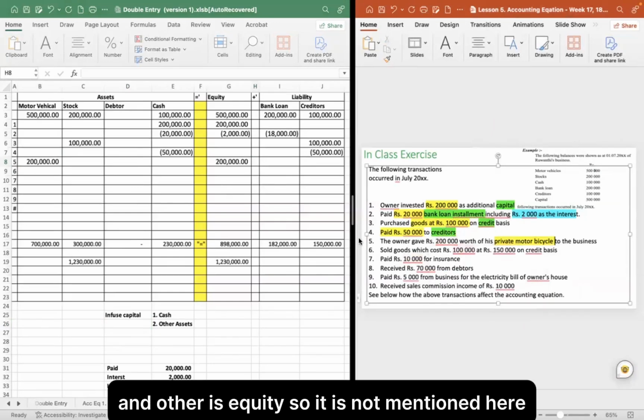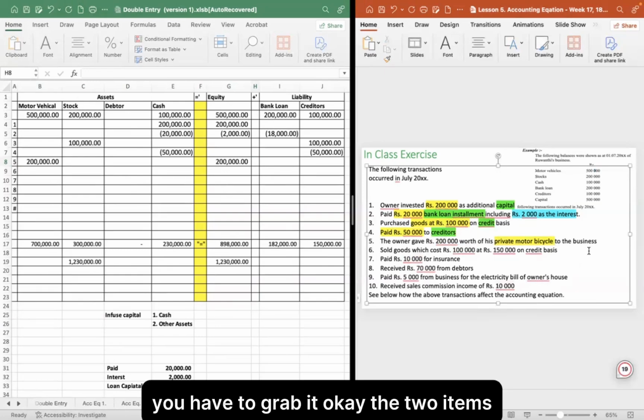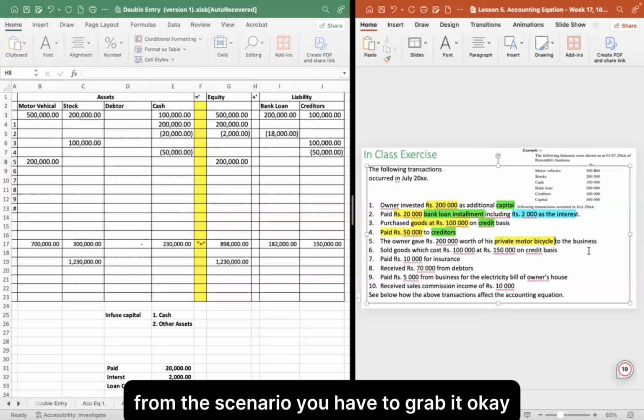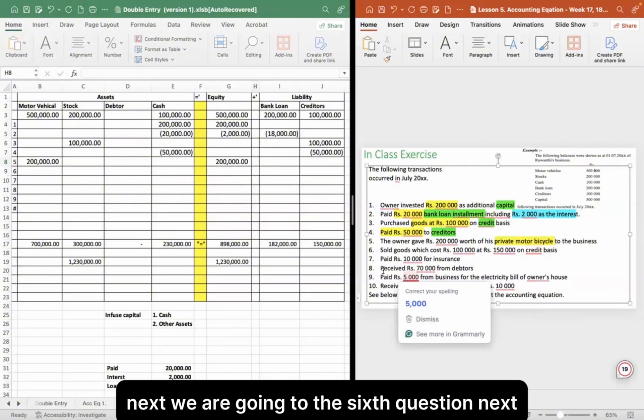The equity part is not mentioned here. From the scenario, you have to grab it. Things happen like that. Next we are going to the sixth question.